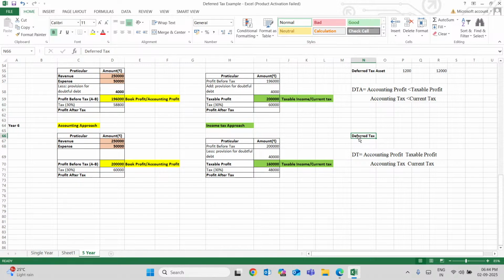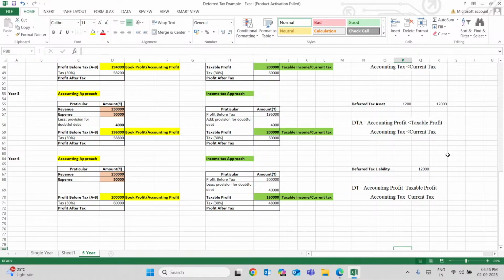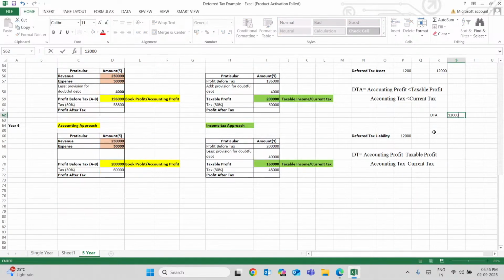So here you can see that the DTA we have created till here was 12,000, so we are gonna deduct this from our DTA. That means till this point the DTA was 12,000. Now if we deduct, then it will get 0, as we are deducting 12,000 from 12,000. Here you can see that the accounting profit was more than the taxable profit, and the accounting tax was more than the current tax, so we have created a DTL.